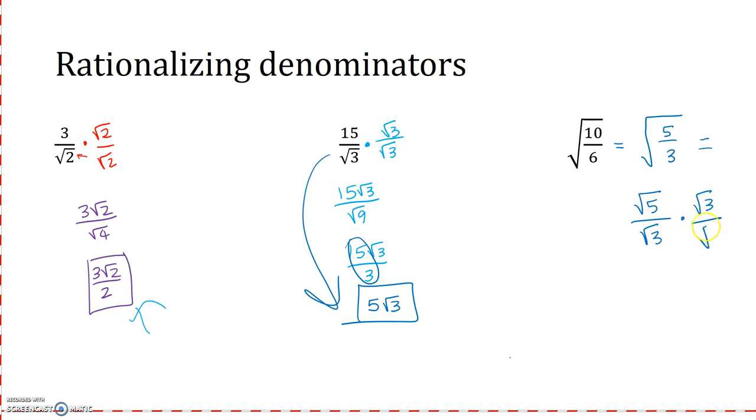We will multiply the top and the bottom by radical 3. So I have radical 5 multiplied by radical 3 over radical 9. Since these are both radical numbers, I can multiply them and get radical 15 on the top. And then on the bottom, radical 9 is just 3. Now, I cannot reduce this fraction because the 15 is inside of the radical. So I just stop there. That's as reduced as I can get.